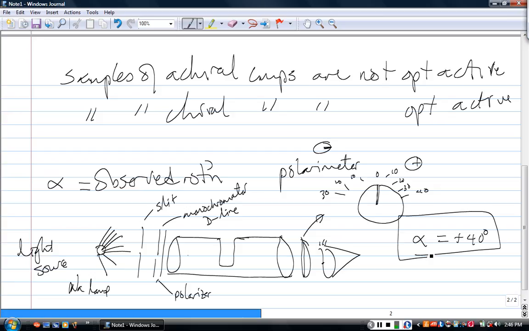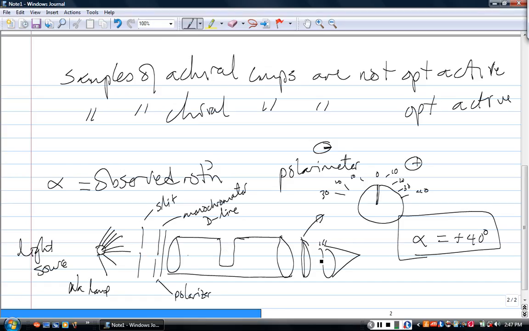So again, I have my light source, which is a sodium lamp. I've got a slit, which selects a pencil of light, a monochromator, which selects the D line. You've got a polarizer, which you can adjust, right, to decide which plane of vibration you want. You have your cell, and you adjust your polarizer so you see bright through the slit at 0. You put in your material and you look through your slit.